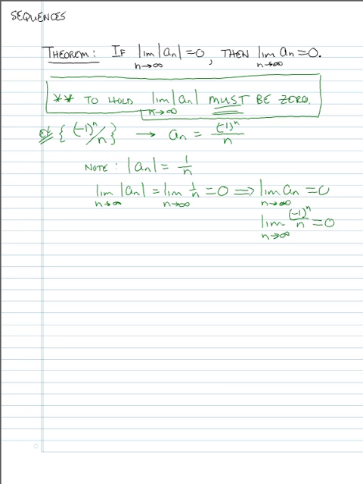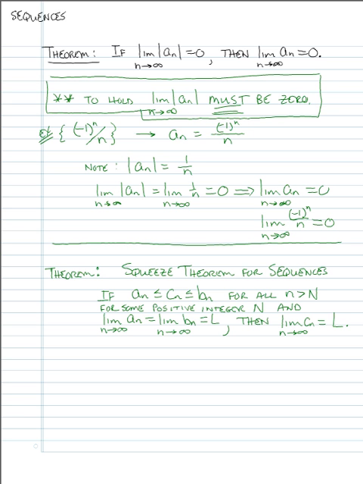Okay, here's another important theorem. This theorem is called the squeeze theorem for sequences, and in Calculus 1 you talk about the squeeze theorem for functions. This basically says we have two sequences, an a sub n and a b sub n sequence. We have a third sequence where every term in the third sequence is between the corresponding terms of the two sequences.